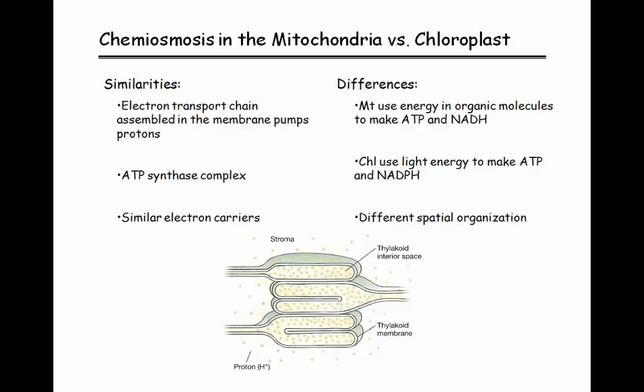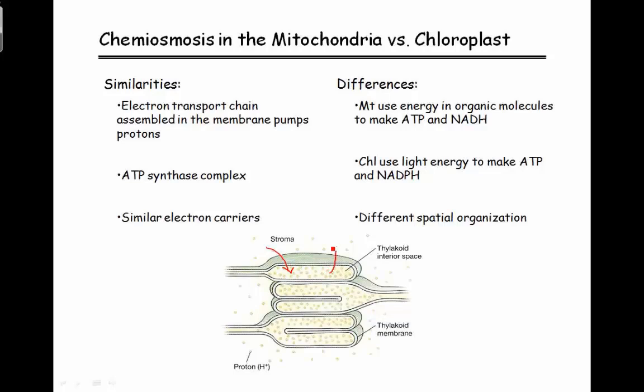We also want to be aware of the spatial organization that we're dealing with. When we're looking at the chloroplast, in the thylakoid space, or the lumen, is where you're going to have the very high hydrogen concentration. And then you're going to have a low hydrogen concentration in the stroma. So very similar to what you see in this diagram. So we want to be aware that the electron transport chain will be taking the hydrogens and it will be moving them into the thylakoid space.